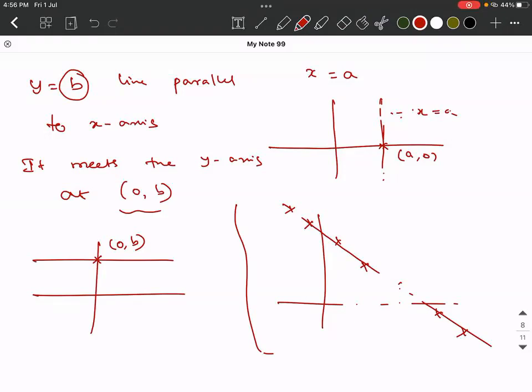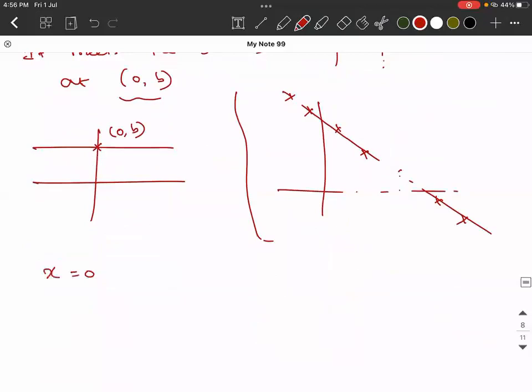That's it. Okay. So x is equal to 0. Did you guys write it? It represents the y-axis, and y is equal to 0 represents. That also explains y is equal to mx is a line passing through the origin. I already gave you that point.